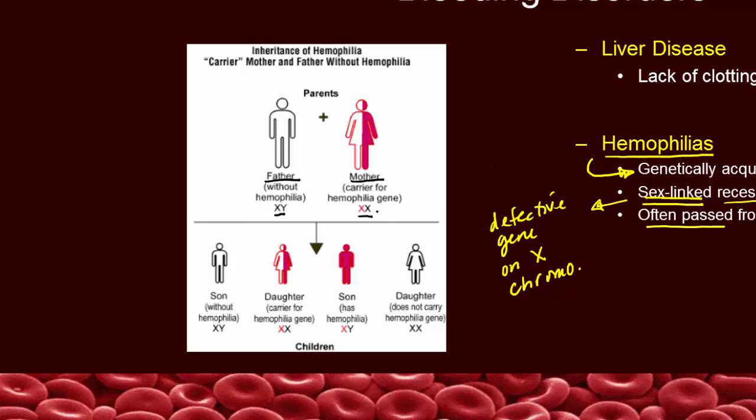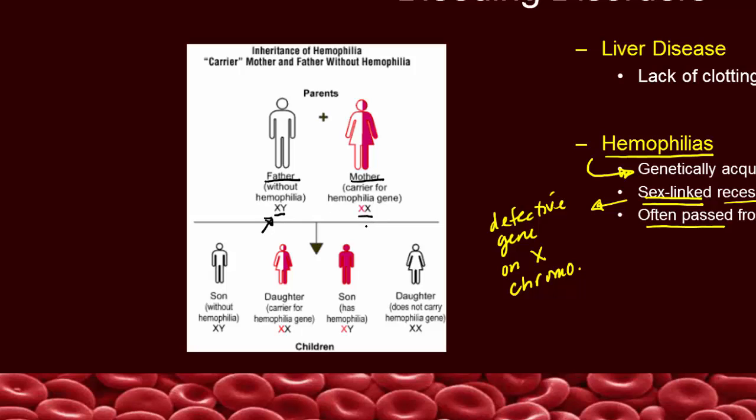What that means is that if you're a male, and the X chromosome carries the condition, it's recessive, but if the defective gene is on the X chromosome, the male will get it.